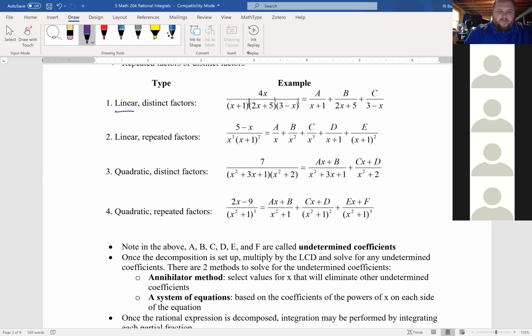The x cubed might be a little more strange to look at, right? Because you're thinking, well, that's a cubic function. But in reality, we're talking about factors. I can factor x cubed, and that's x times x times x. That's the same factor repeated 3 times, right? So that's called linear repeated.